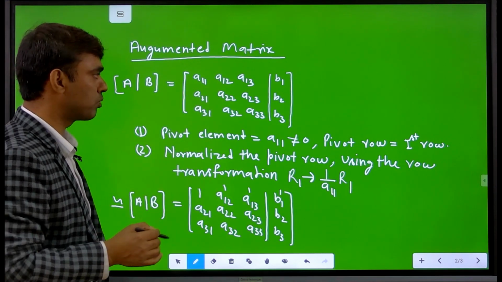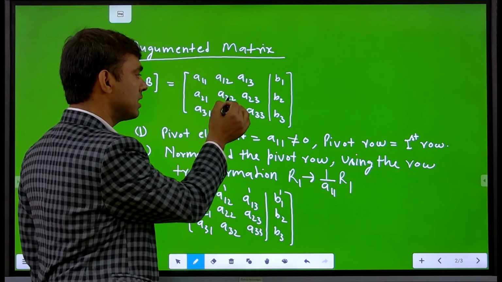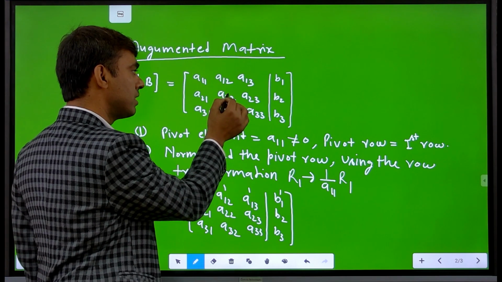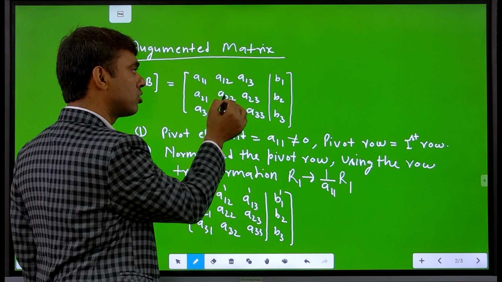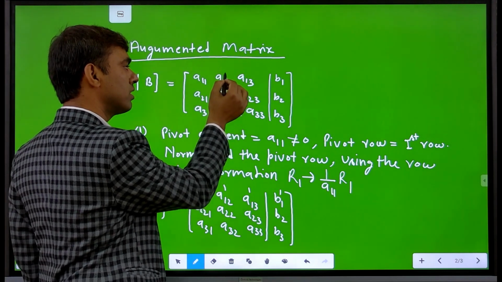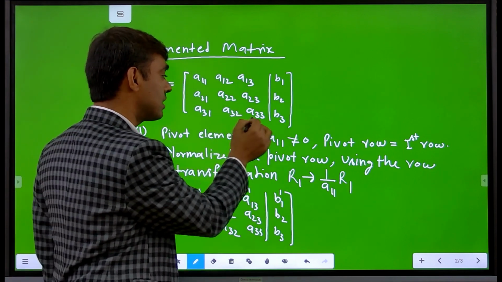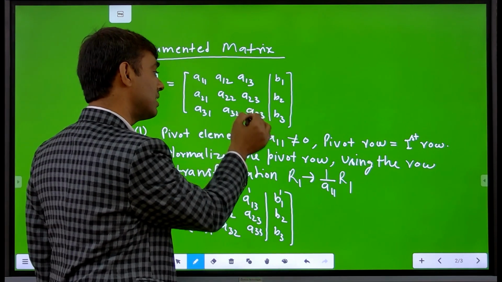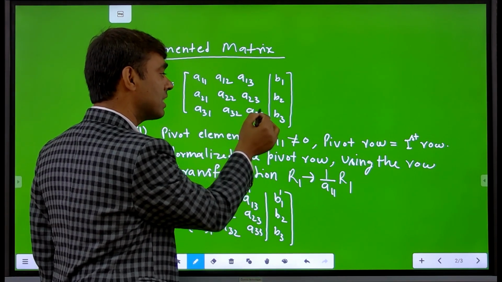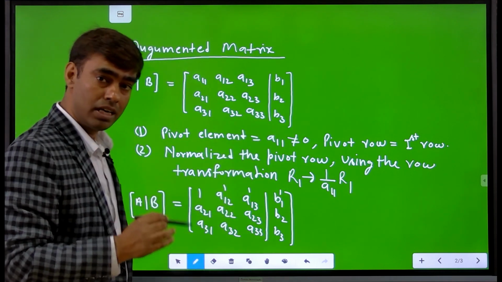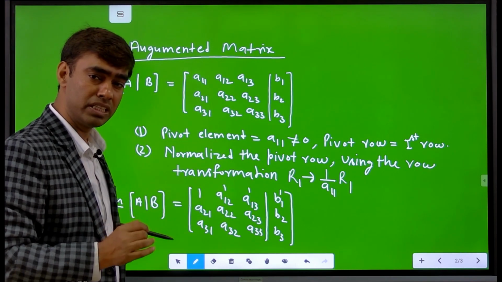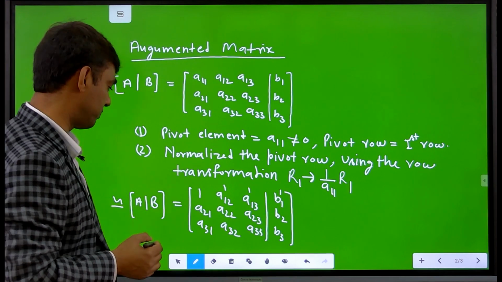We repeat this procedure in the second stage of elimination, in which we eliminate x2 except from the second equation, and in the third stage, we eliminate x3 from the system of linear equations except the third equation.